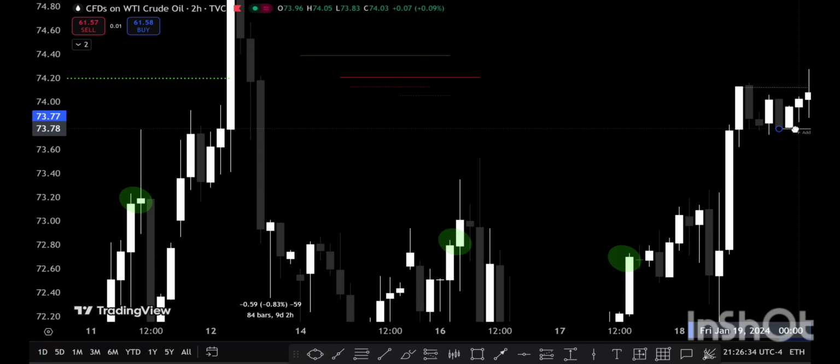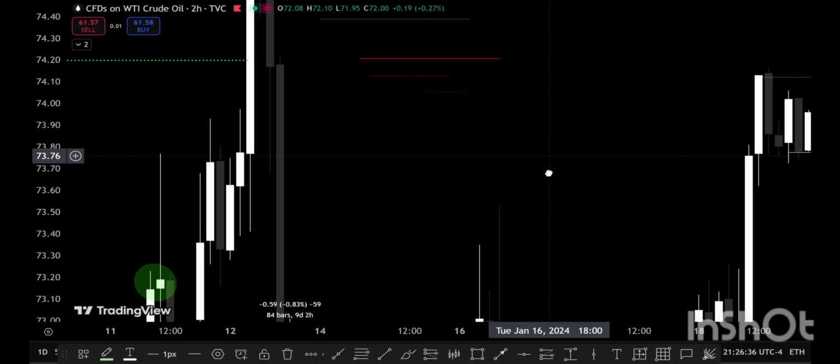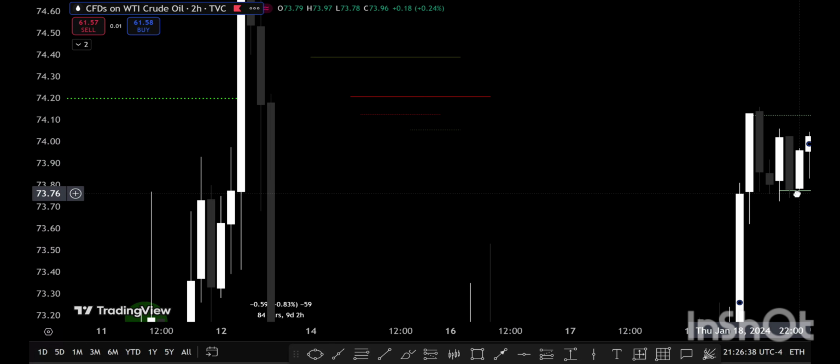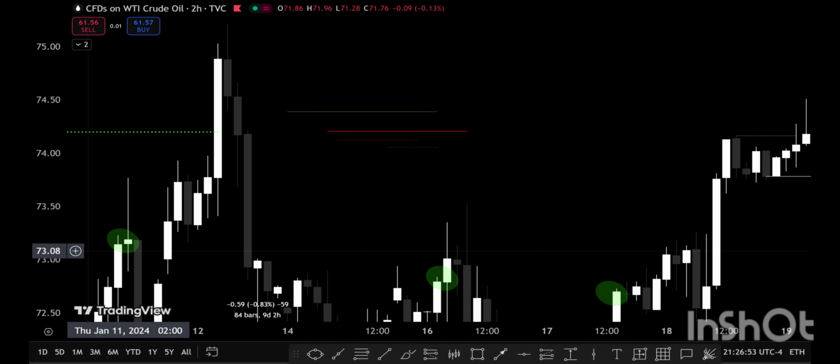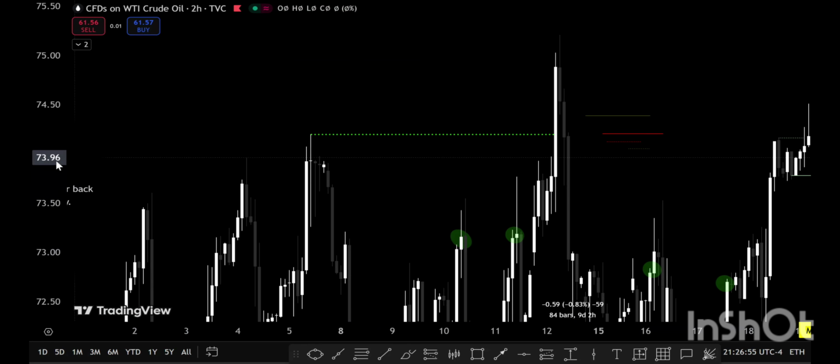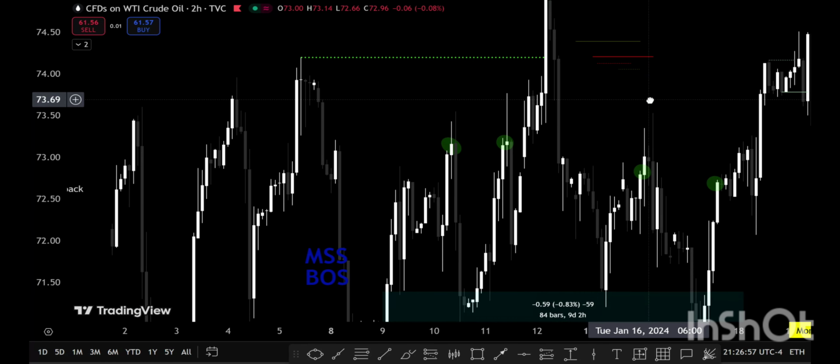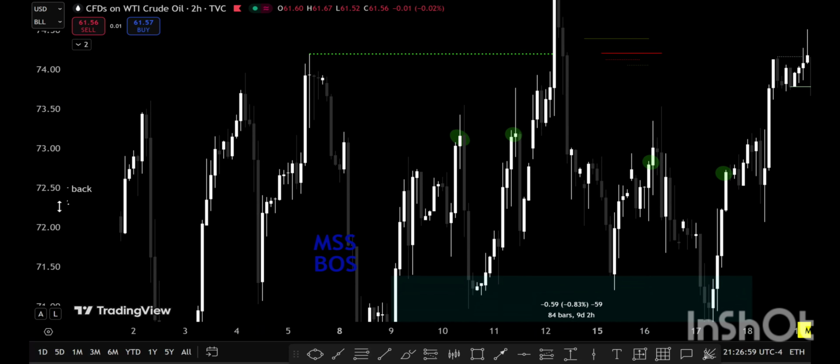Hey, zoom in. When this high was taken here, the structure is still bullish on microstructure. So you can hold these buys until it can close below here on a 2 hour. Overall, though, I just showed the candles.